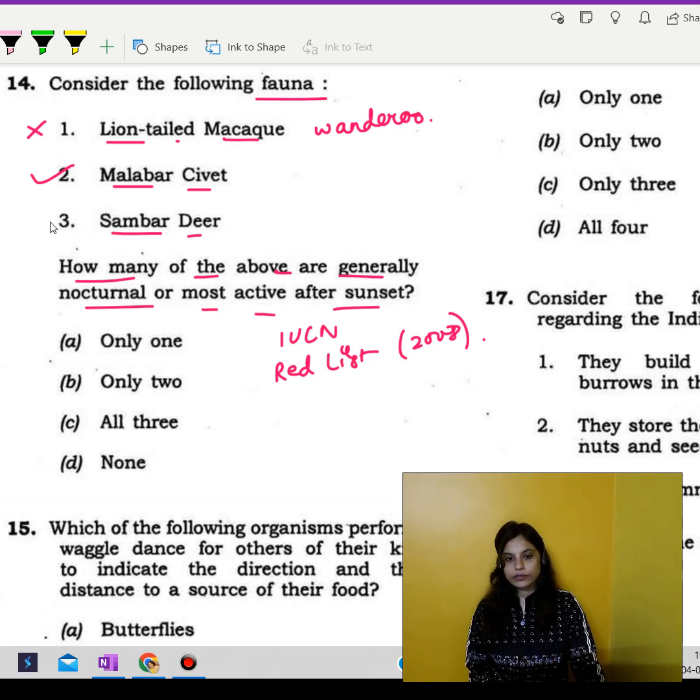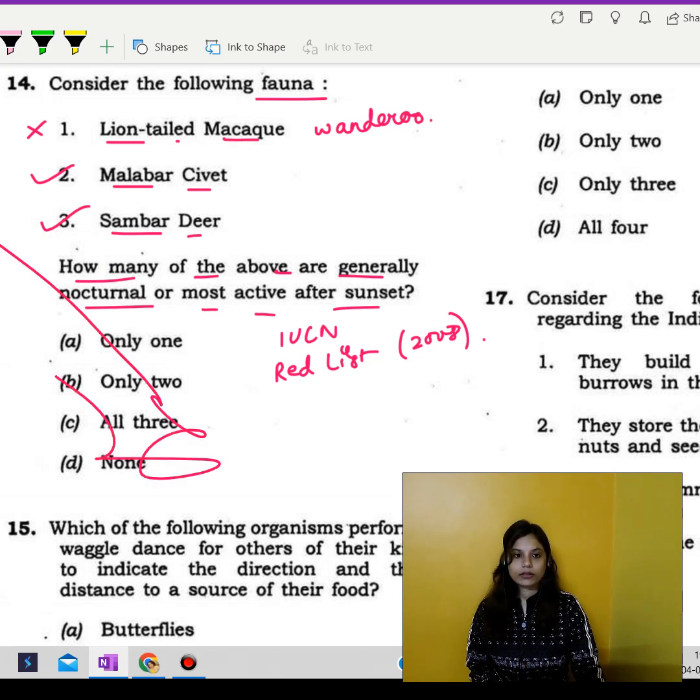So yeah, even three is all right. So we can go with only two. That is option B. Yeah, so we can go with option B. That is only two are correct.